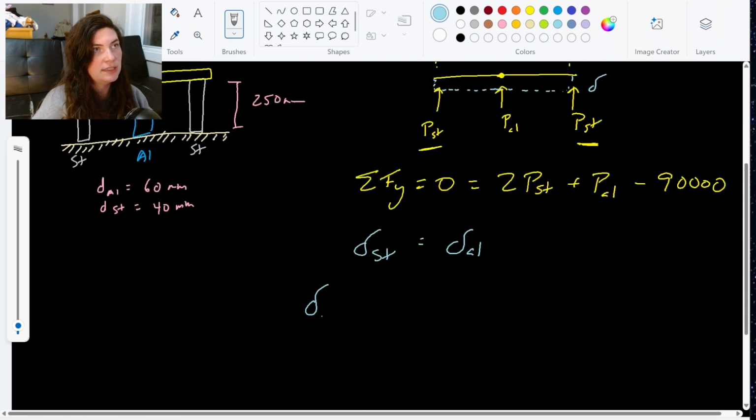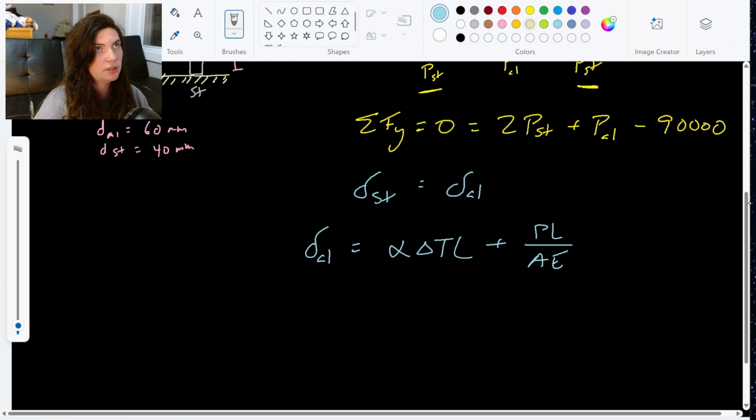So our delta aluminum is going to be the thermal expansion due to the aluminum plus our load displacement equation, right? And that's going to be the same for steel, just with different numbers put in there. Right, so if we do this for aluminum first, well, we do them at the same time. I don't know that it matters if you do them at the same time.